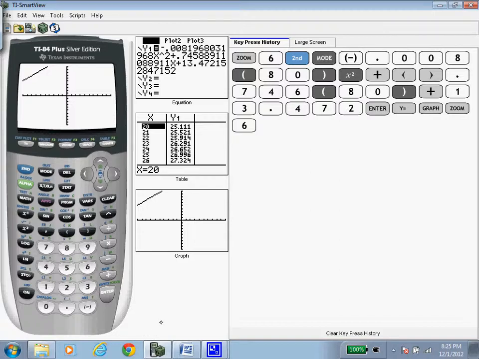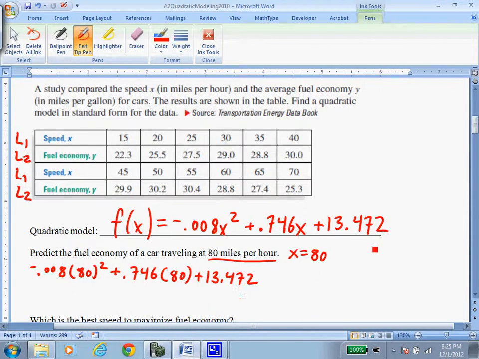So let's go back to our function. One, I noticed that the y-intercept is around 13. So that's usually a big hint of how high to make the window. But conveniently in this problem, we have a lot of data points in our table. And if I look at all the data points, I'll notice the y's top out around 30 and my x's go up to 70.